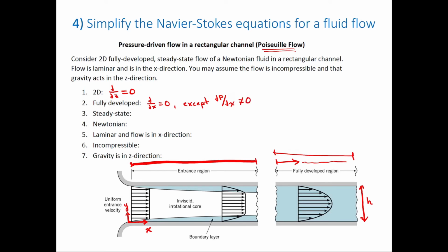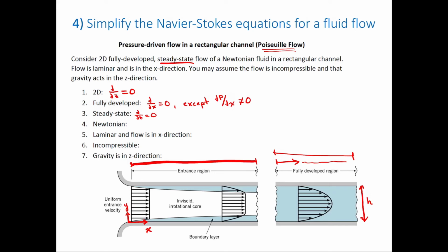What I mean by that is that we still have pressure loss as we change in the x direction. But we don't have any change in the velocity. Steady state, we said it was steady state up here. So that means we have no change in time. So d/dt is equal to 0.